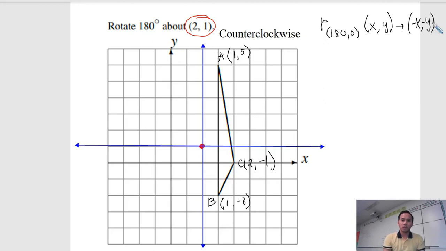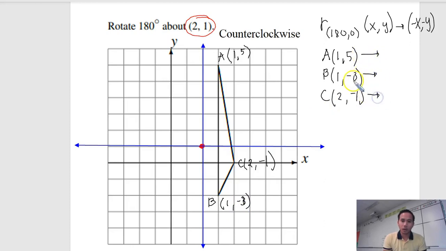Because my A is (1, 5), my B is (1, -3), and then I have C, which is (2, -1). These points are relative to the new Cartesian plane that I created, the blue.